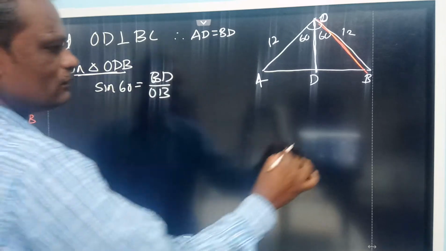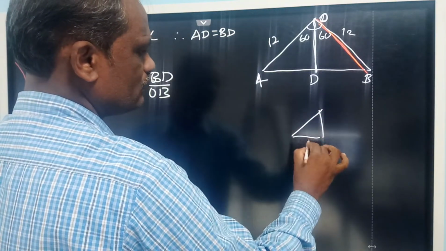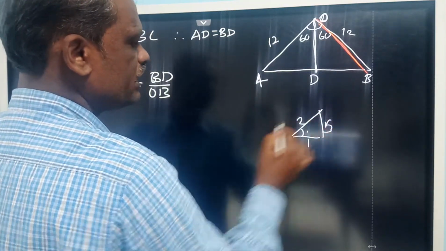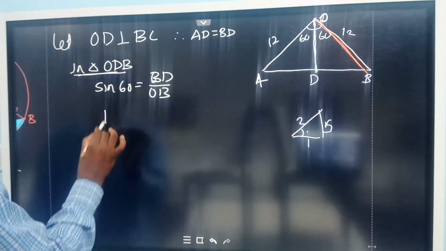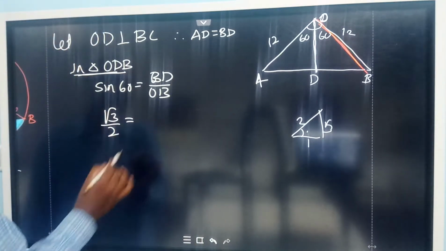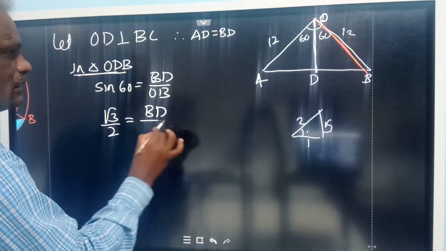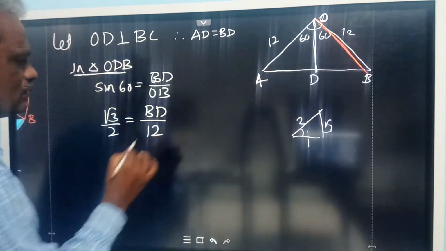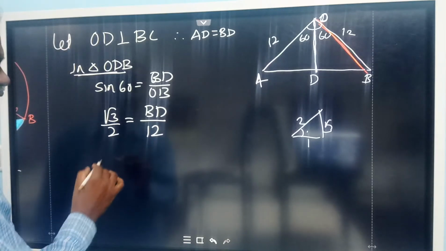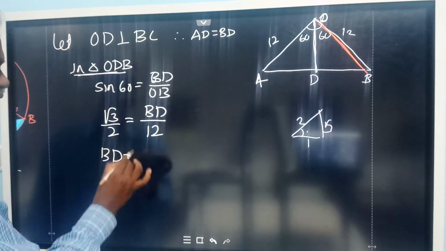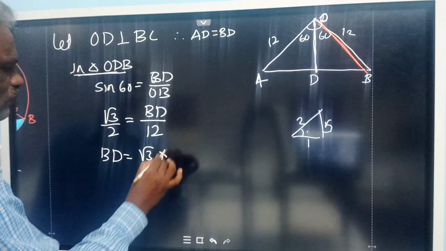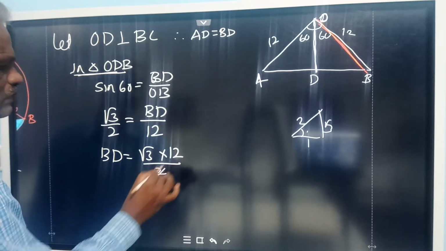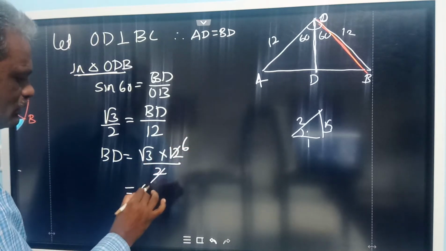What is the value of sin 60? Root 3 by 2. And BD we need to calculate. OB is 12. So simplify this one. BD will be equal to root 3 into 12 by 2. 2 ones are 2, so 6 root 3.